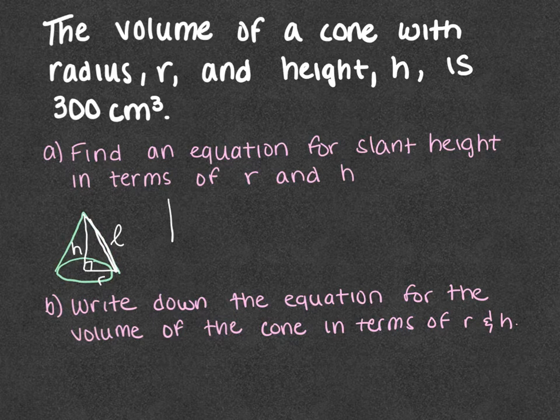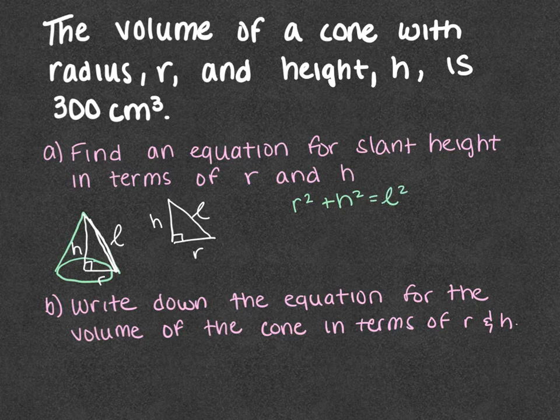So really what we're looking at is just a right triangle. All of us should be familiar with an equation we can use for the sides of a right triangle. That is Pythagorean's theorem. So we're going to have r squared plus h squared equals l squared. Now, they wanted us to find an equation for the slant height in terms of r and h.